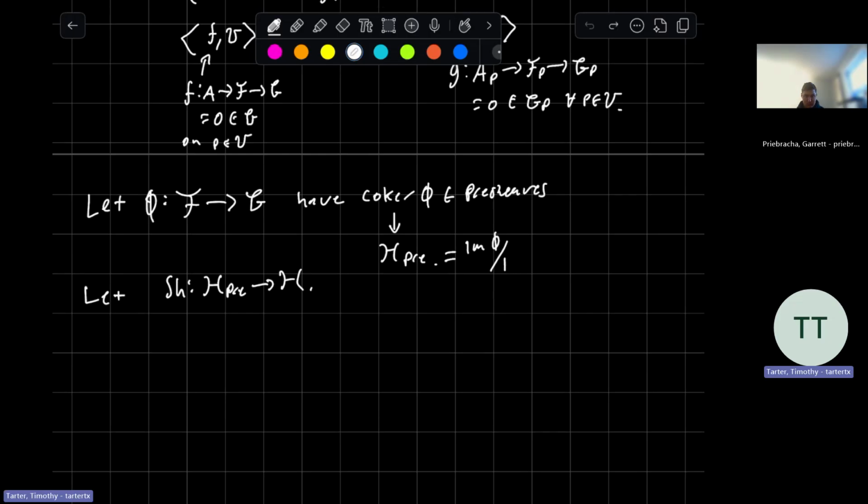No, it's equal to G mod the kernel of phi. No. Yes? It's equal to F mod kernel? Hold on. Am I dumb?